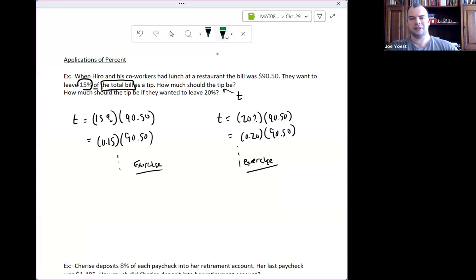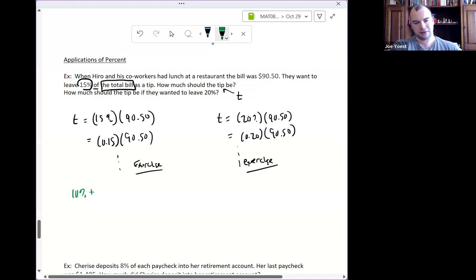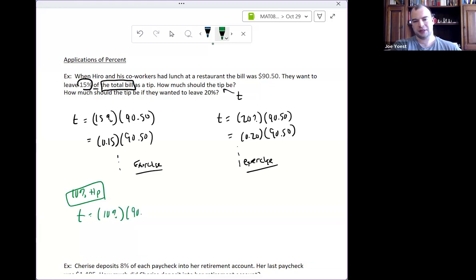Okay, what if we wanted to leave a 10% tip? We're not going to be mean to our waitresses, but just hypothetically. So 10% tip. I have T equals 10% times 90.50, but 10% is just 10 over 100.